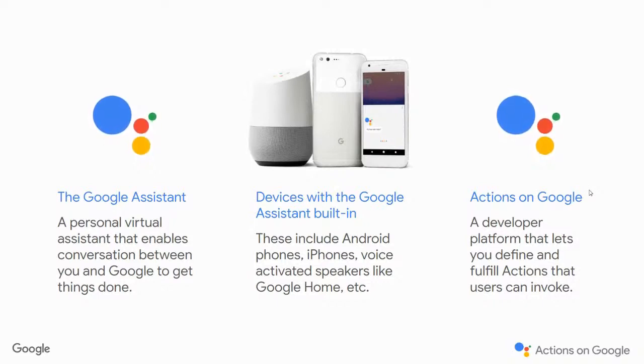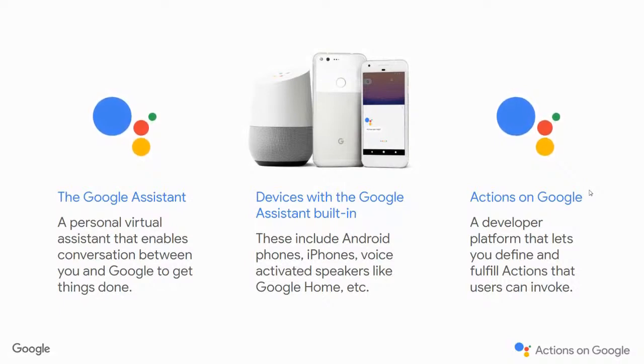And the third part, the most important thing for us as developers, is the platform. So Actions on Google is the developer platform that helps us define or fulfill our actions. So that's the platform where we actually go and build our actions. And for people who are wondering, why do I keep saying actions? Think about actions as applications.